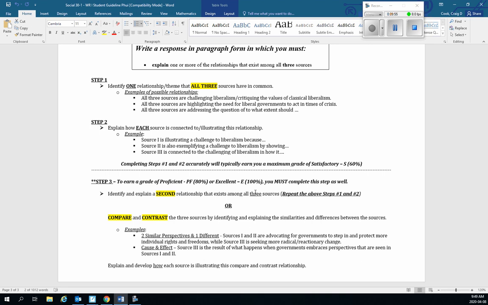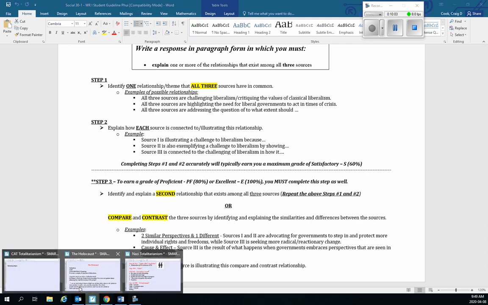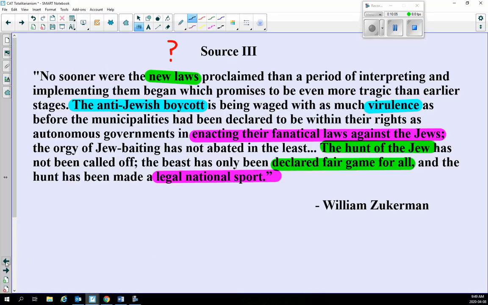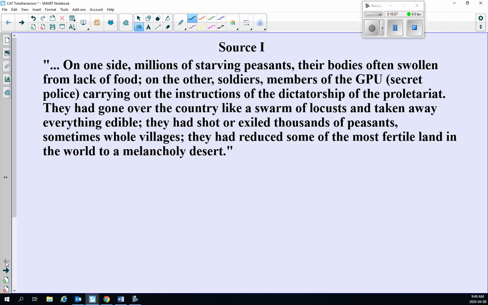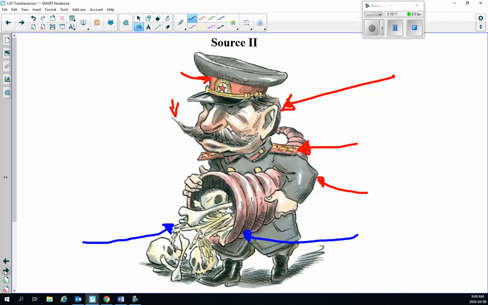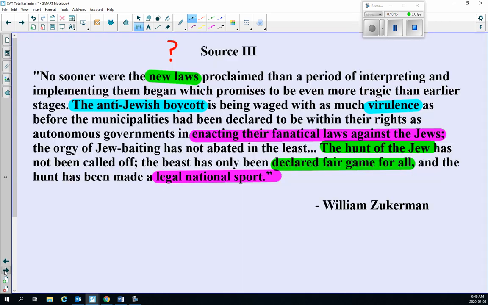Maybe what happens when people go without basic rights and freedoms. They culminate with mass murder. So clearly, sources 1, 2, and 3 are all referencing totalitarianism, the lack of rule of law, what happens when you take away people's rights and freedoms, and maybe the culmination of all those things ending up with mass murder.